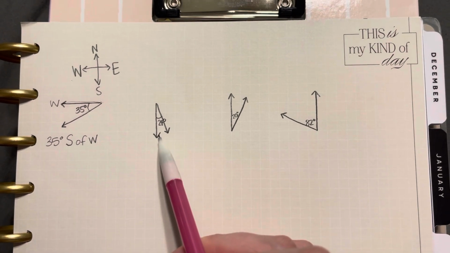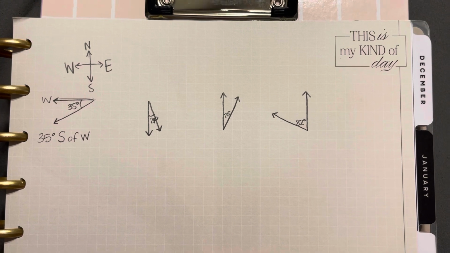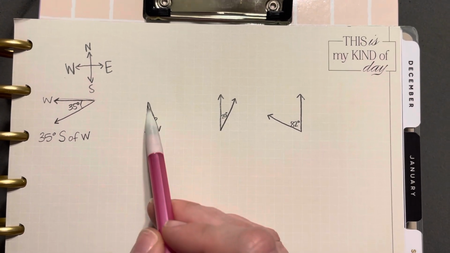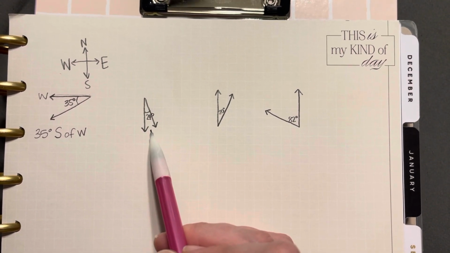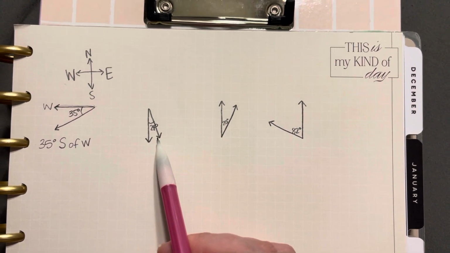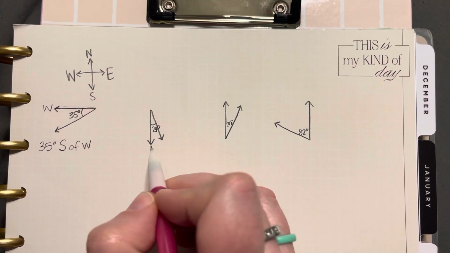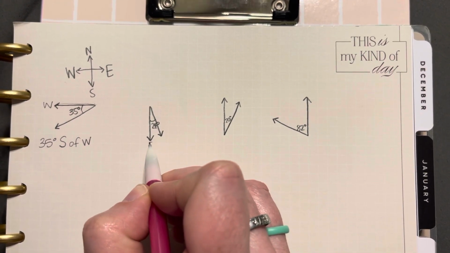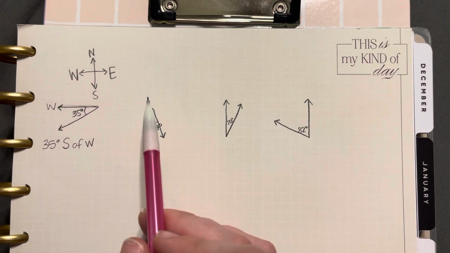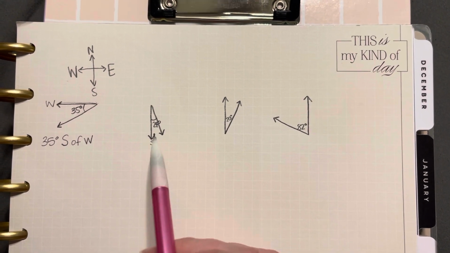Okay, for the next one, figure out which one you have. Do we have north, east, south, or west? Okay, this one is a diagonal. Okay, it's a southeast one, so that's not the one that I want. I want the one that's going straight down because that coordinates with this south. This is south. Okay, now because this one is going straight down, it's not going to be above or below south.